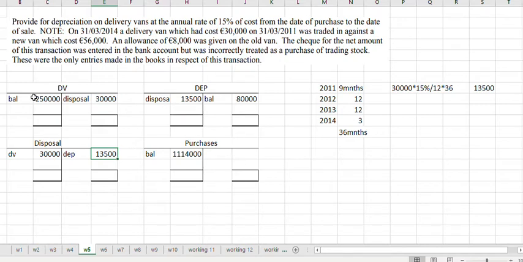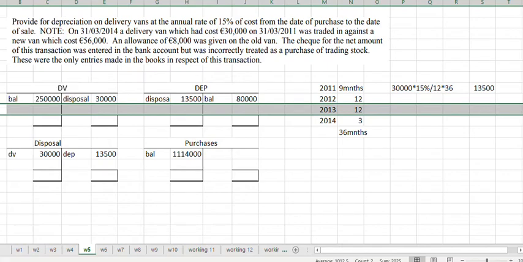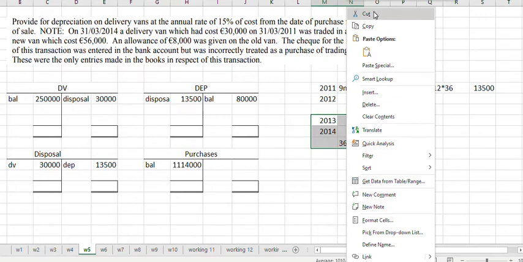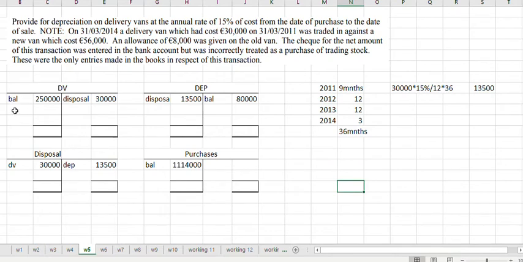Next, I'm just going to insert a new row here. Bear with me a second. Okay, we have an allowance of 8,000. So there was an allowance of 8,000 on a delivery van that was incorrectly treated as a purchase.